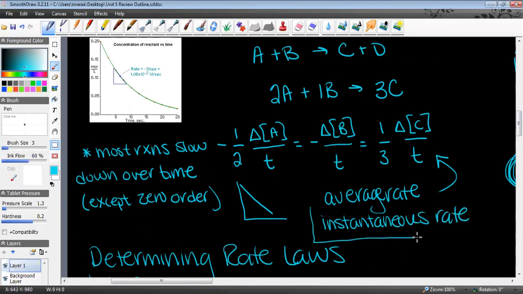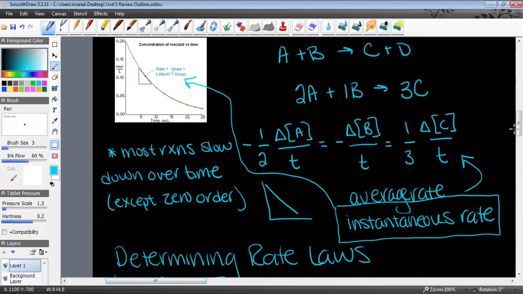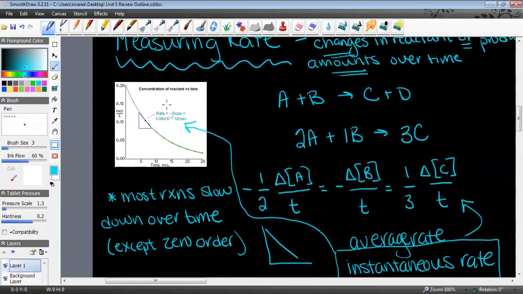Instantaneous rate, to get the instantaneous rate, like if you wanted to know the rate of the reaction right at the beginning of the reaction, you would do what they're showing up here, which is you take the slope of the tangent line. So you take the slope of the tangent at a certain point in time.